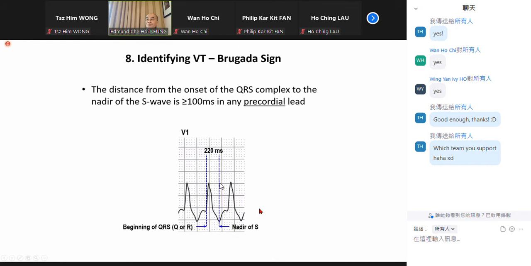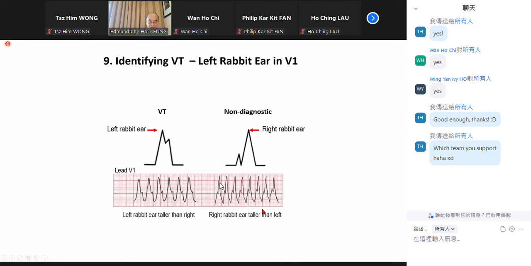We'll see some more examples. Now, number 9 is the easiest for you to remember. And it's about the bunny ear, okay, the rabbit ear or the bunny ear. Okay. Now, most VT you'll notice looks kind of like a right bundle pattern. That means tall R waves in V1. Why is that? Because most VT focus is located in the left ventricle. Okay? So it creates a conduction delay in the right ventricle. Now, we take advantage of this.